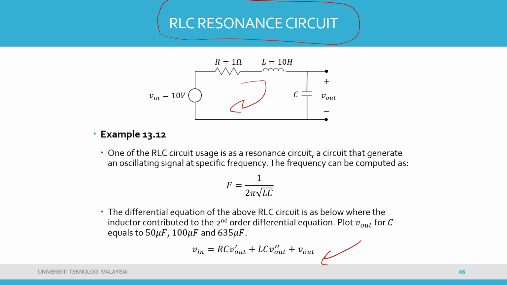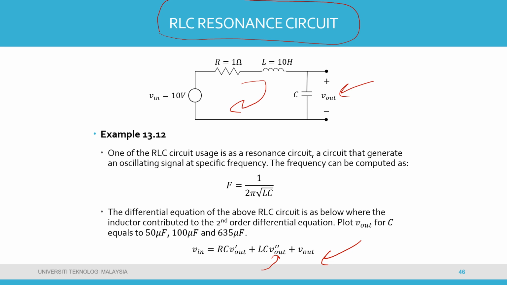So V in equals RC V out bar plus LC V out double bar plus V out. V out is basically voltage across the C capacitor. So you can see here the highest order is the double bar.